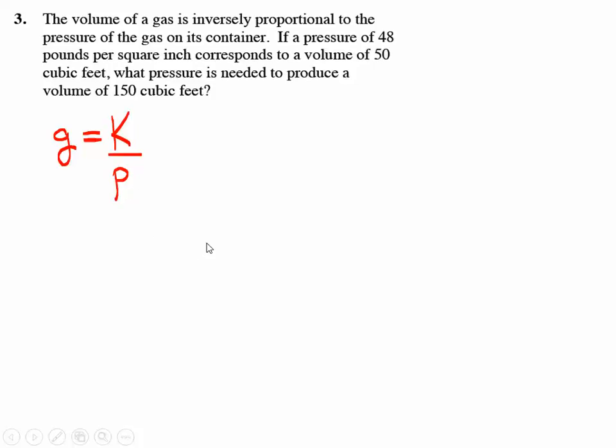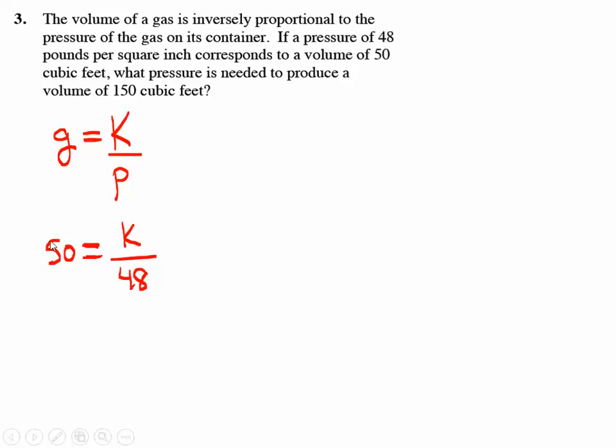If the pressure of 48, now this one's a little sneaky here. They put a pressure of 48, not the gas of 48, but a pressure of 48 pounds per square inch corresponds to a volume of 50 cubic feet.